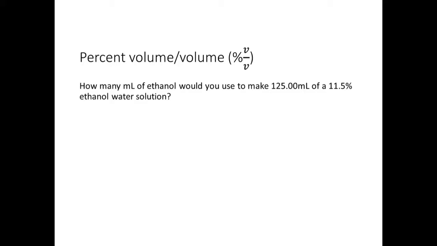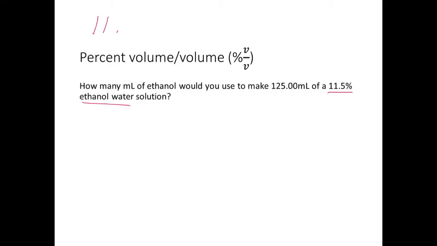The next example is: how many milliliters of ethanol would you use to make 125 milliliters of 11.5% ethanol in water solution? Once again, like the previous example we saw, they've given us a percent.